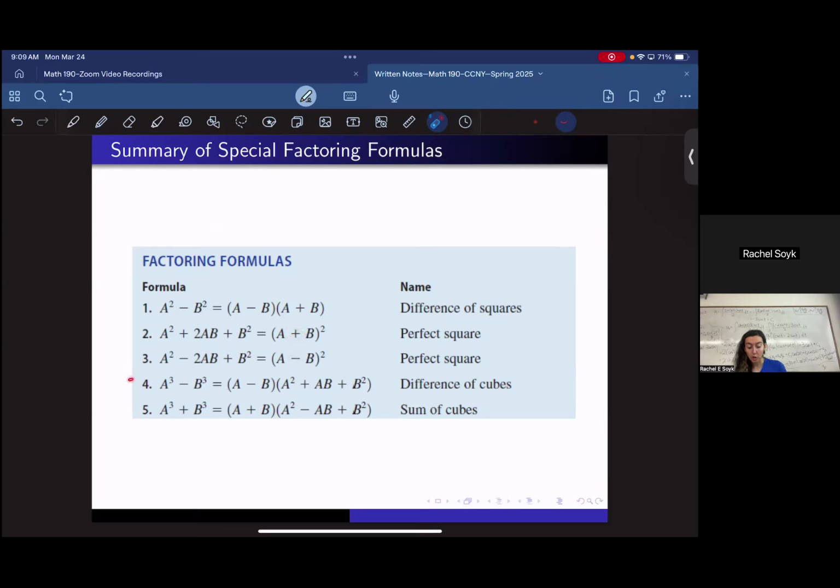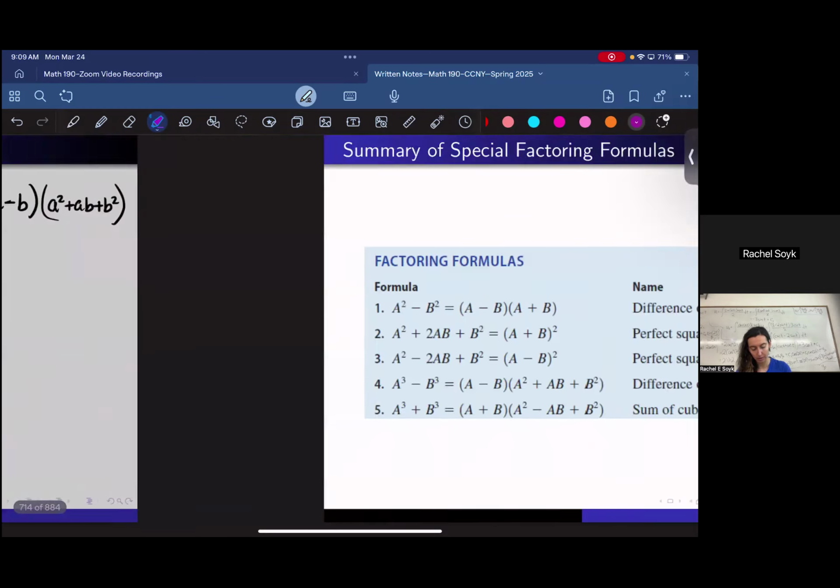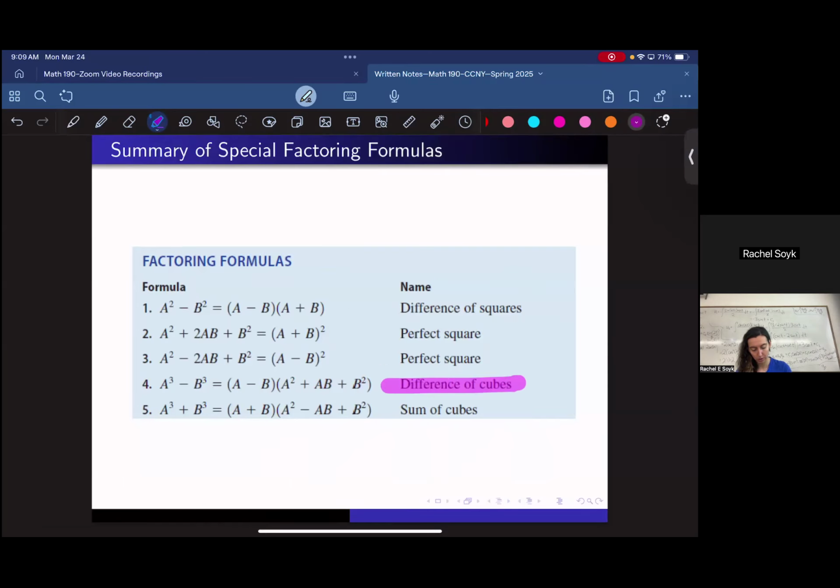And then our last objective, we went over our difference and our sums of cubes, which again, I'll color code accordingly. I believe the difference was that pink, right? Yeah. And then the sum was the orange. So really try to make flashcards of these because it'll help you out a lot when it comes to assessments.